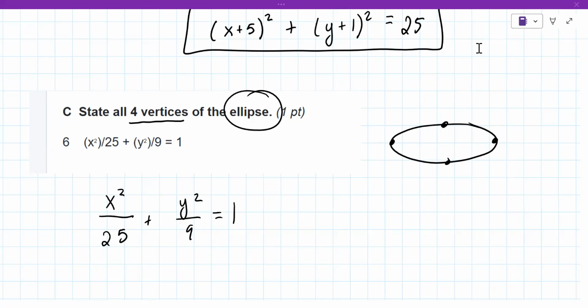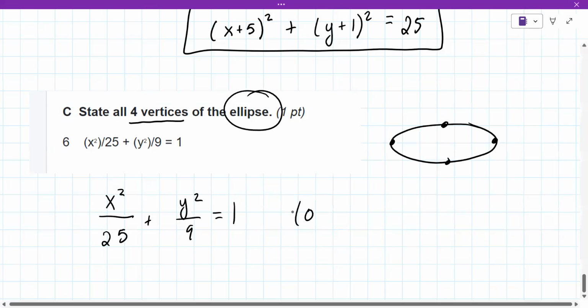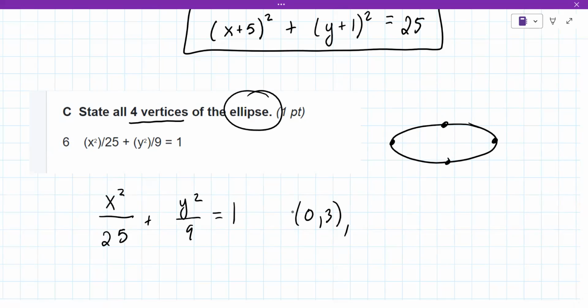Okay, so the vertices are 0, 3. Another one is 5, 0. Another one is 0, -3. Yep.